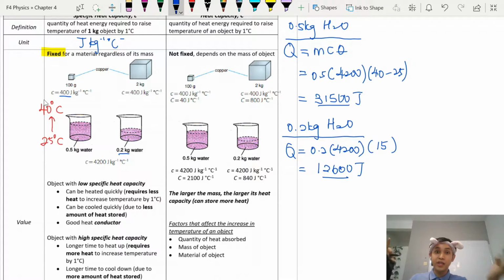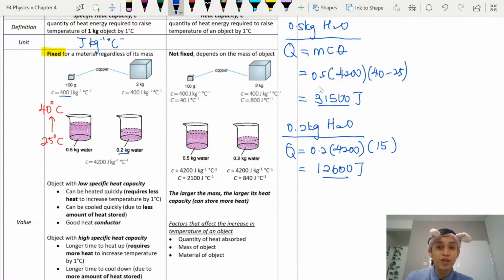So it's very logical: if you heat a lesser one, it heats up faster. If you heat a bigger one, it heats up slower. Based on the calculation, that is how we identify which object heats up faster and which heats up slower.